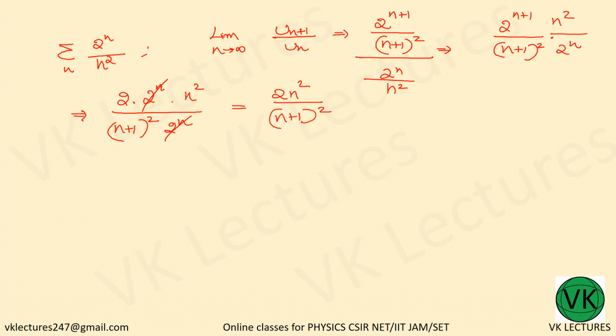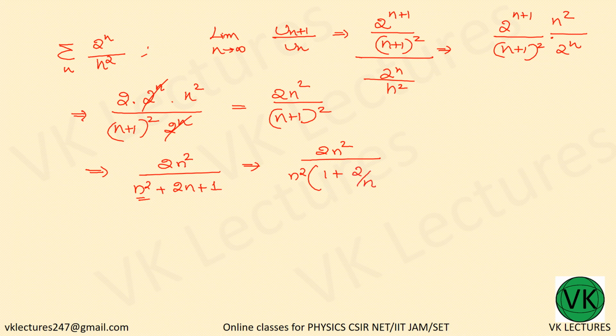Now you can do one thing: keep the numerator as it is, and this is n² plus 2n plus 1, and now from the denominator please take n² outside. So 2n² divided by n² into (1 plus 2/n plus 1/n²).